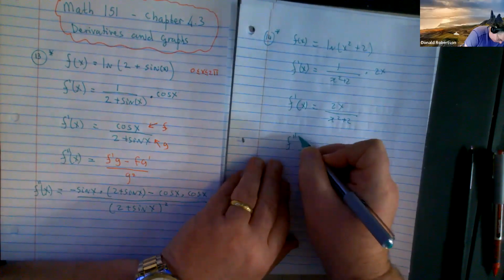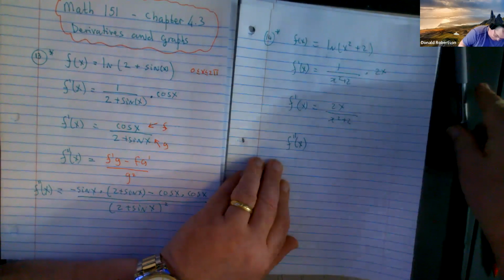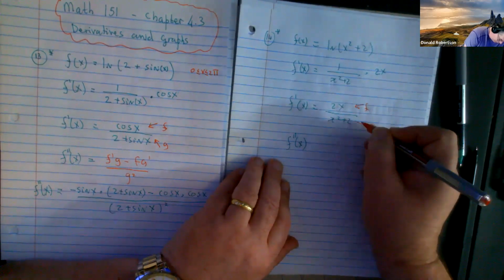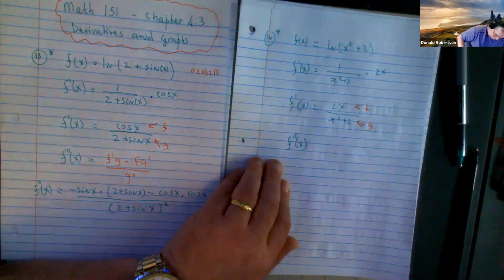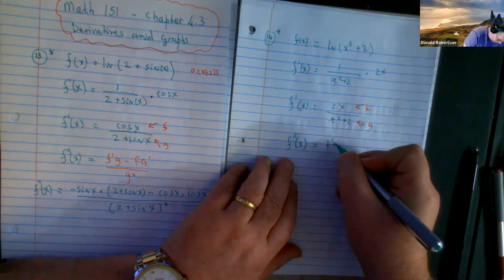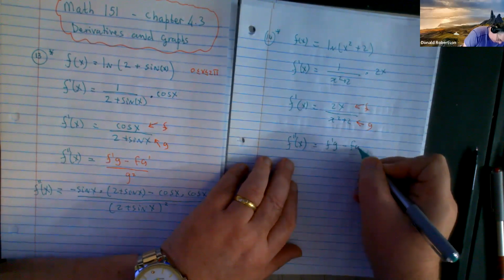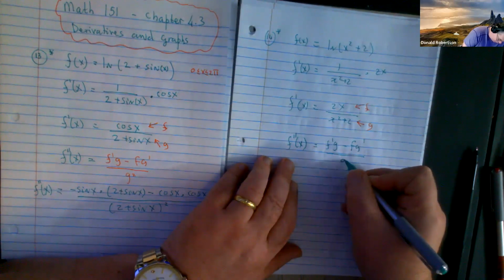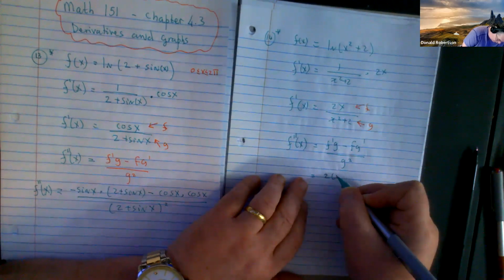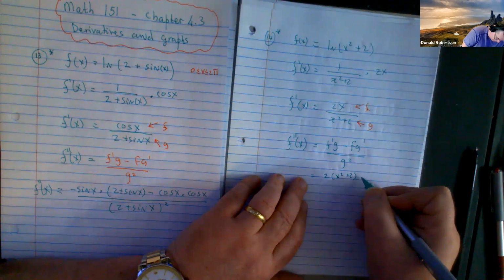To get the second derivative, it's going to be a quotient rule. So f dash g, take away f g dashed, over g squared. Differentiate the top, you get 2, leave the bottom alone.